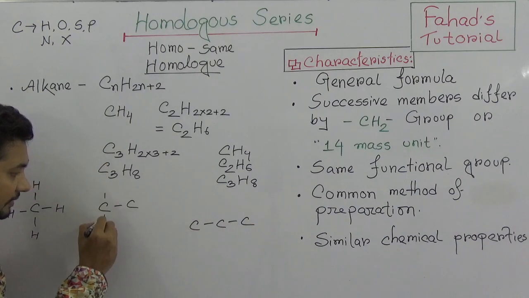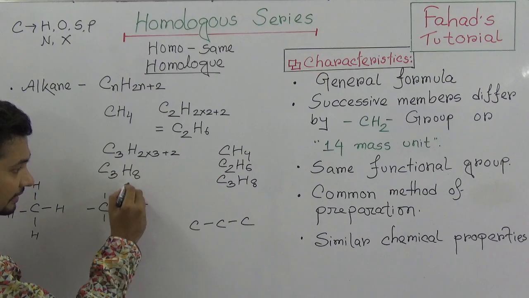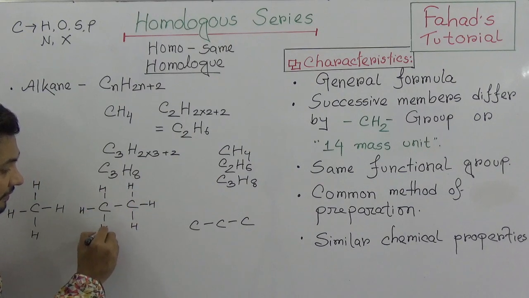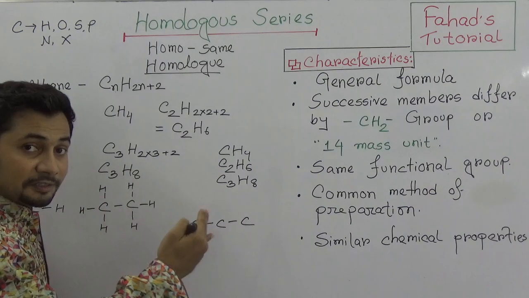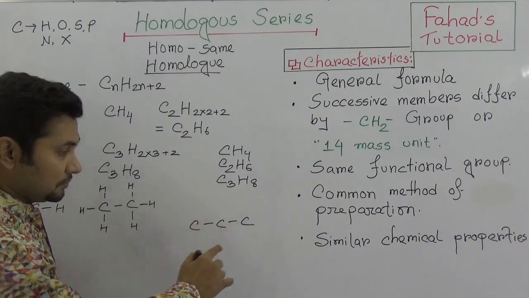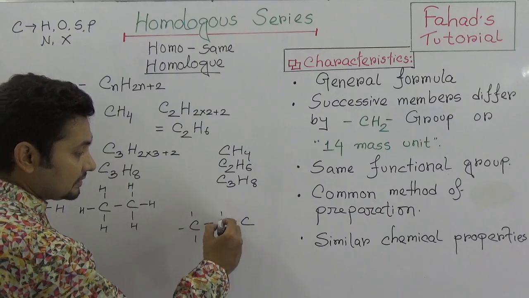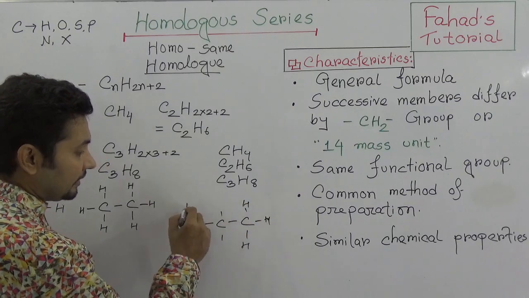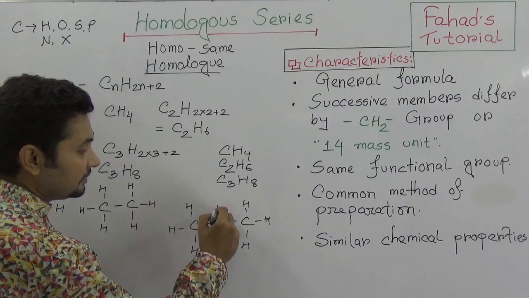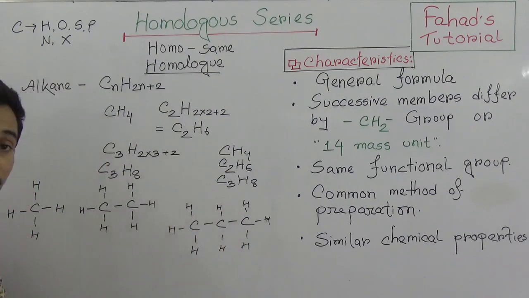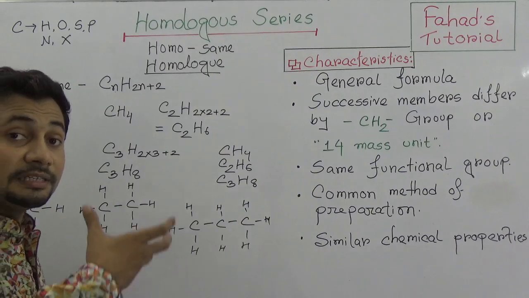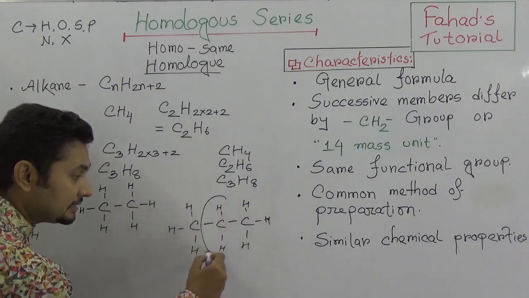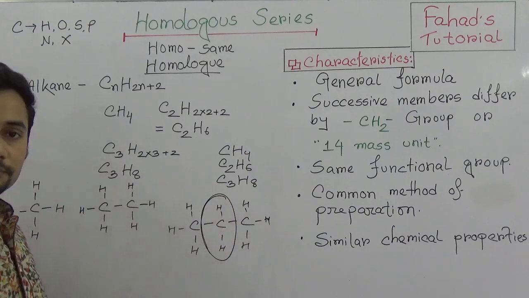Now see what is happening every time: each time they differ by CH2. Again, this is CH3, this is CH3, and in between them there is CH2. So every time they will differ from their immediate successive members by this CH2.